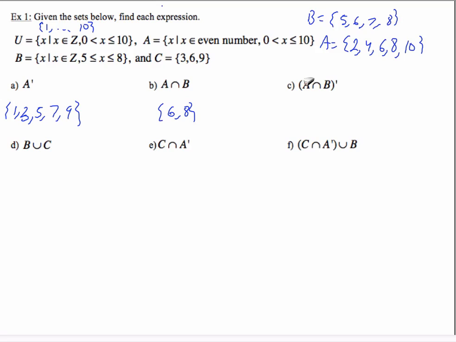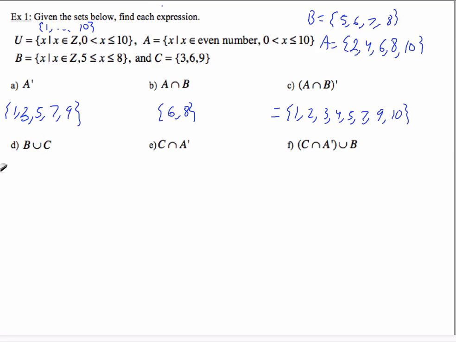Now the complement of A intersect B. We already have the intersection over here, so everything that's not in that would be 1, 2, 3, 4, 5, 7, 9, 10.